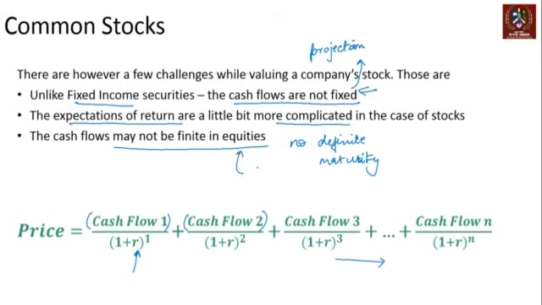You could have a company existing till infinity, in which case you have to find out the cash flow in the infinite year and discount it with (1 + r) raised to the power infinity. Now that becomes difficult because mathematically it's not possible to find that value. So we'll have to simplify our analysis as we go along, use some assumptions in this entire process, and thereby try and arrive at the stock price of a company.